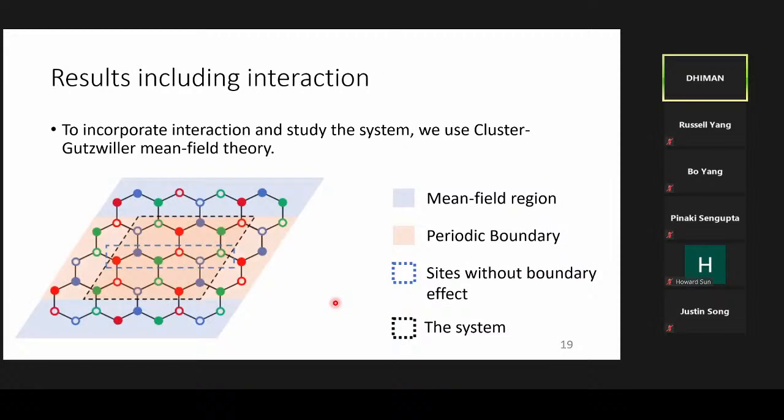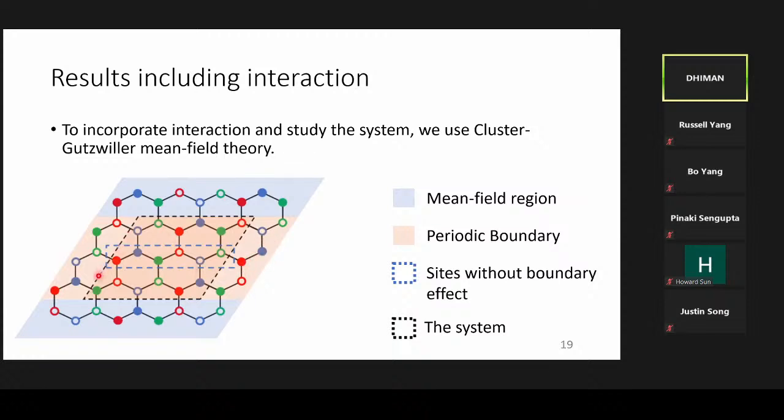To study the system in the presence of the interaction, we used cluster mean field theory, where we have the mean field regime along the vertical direction, which is denoted by the blue region, and we have the periodic boundary condition along the horizontal direction, which is denoted by the pink region.